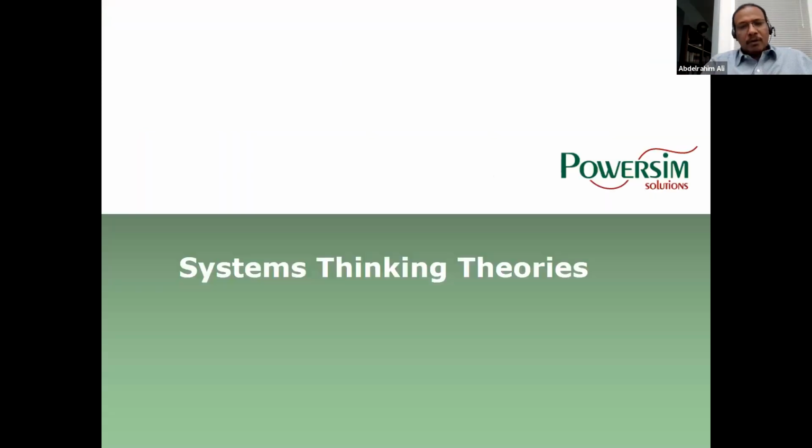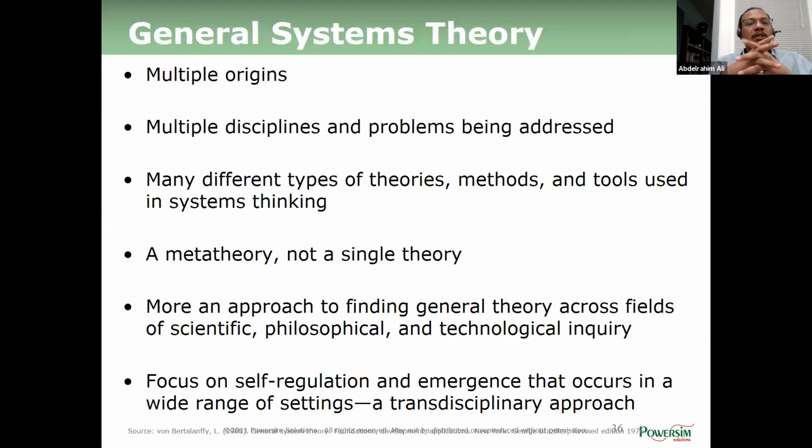The theories of systems thinking come from multiple origins, from multiple disciplines and problems. There are many different theories, methods and tools used. So it is a meta-theory, not a single theory.